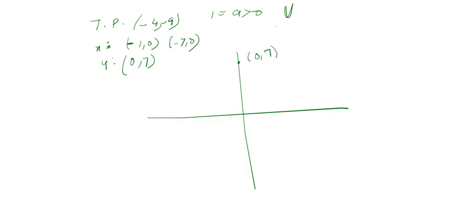Then I have here 1, 2, 3, 4, 5, 6, 7. So this is (minus 7, 0), (minus 1, 0). My turning point was minus 4, and then I'm going down 9. So 1, 2, 3, 4, 5, 6, 7, 8, 9.